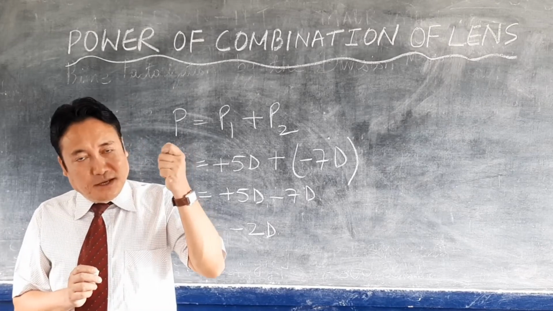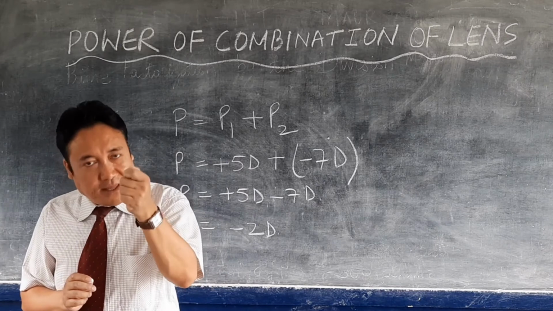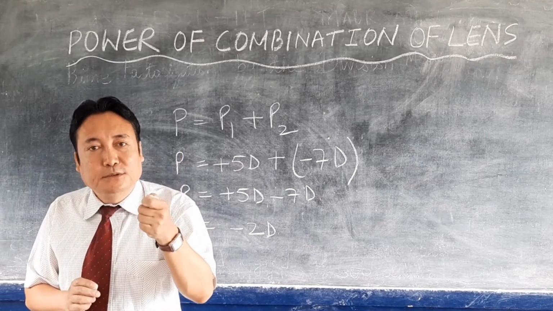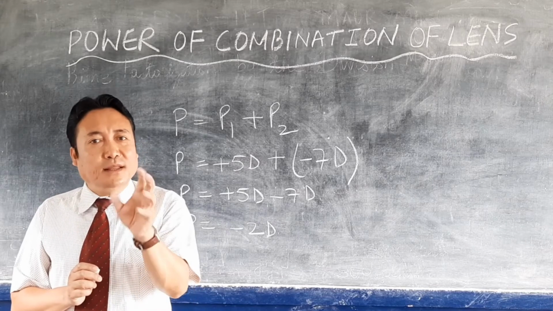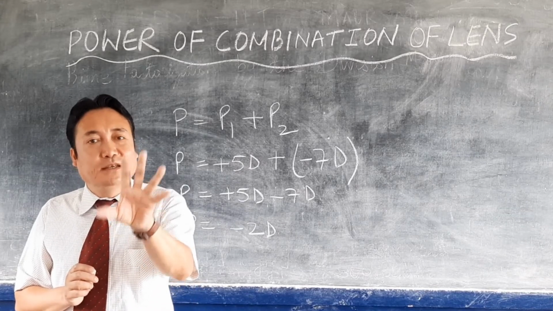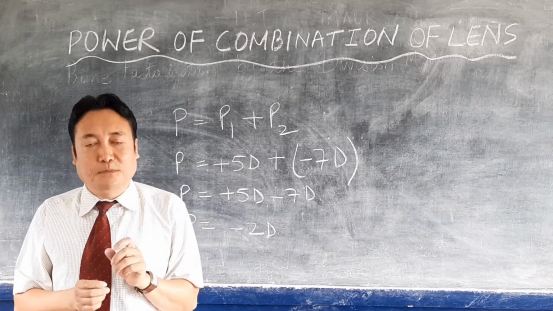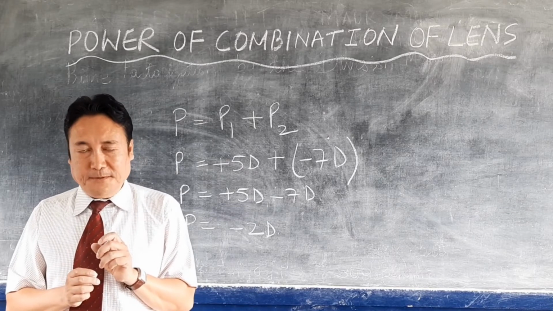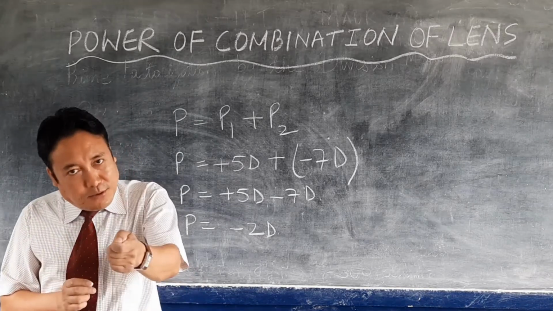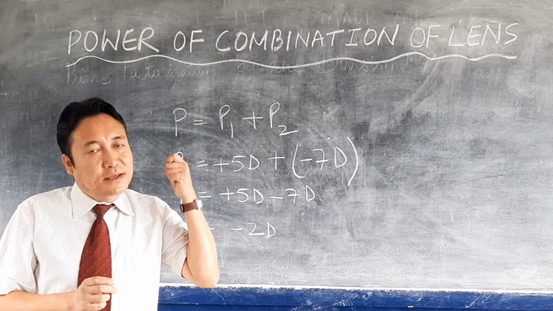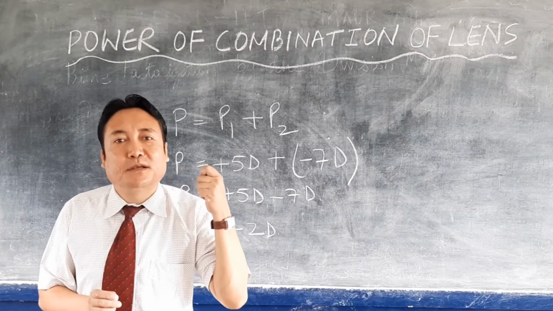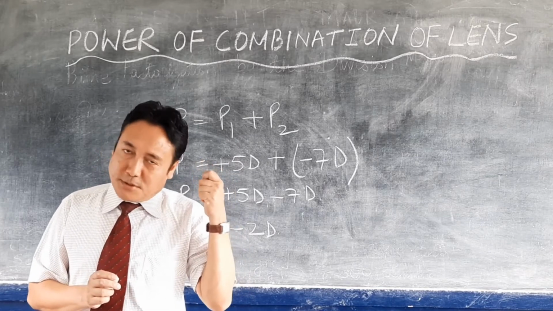Then, when you take the lens away from the book, the letters become inverted. So the two conditions are here.